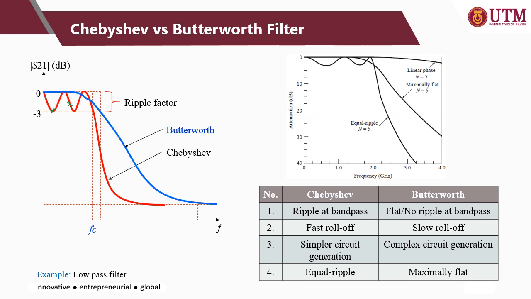Chebyshev has ripples in the passband area, and some also have ripples in the stopband area as well. The Butterworth is flat top, there's no ripple in the passband area. So the blue lines are flat top. This is for Butterworth.